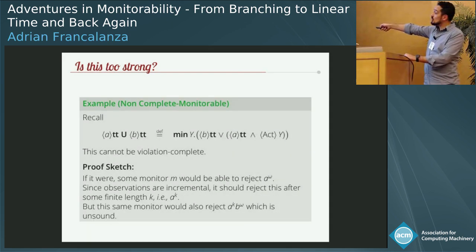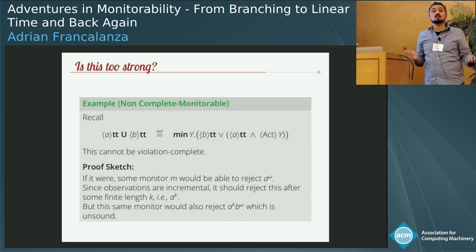So if we take this prefix and append a continuation that consists entirely of b's, then this would satisfy this property. But that monitor would reject this trace, which would make it automatically unsound. So it is reasoning of this sort that you would apply there.